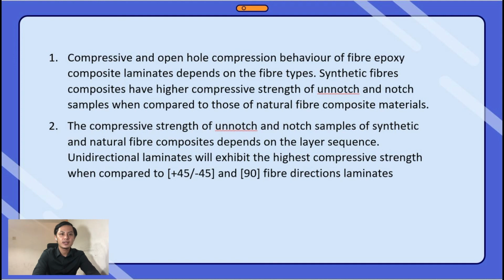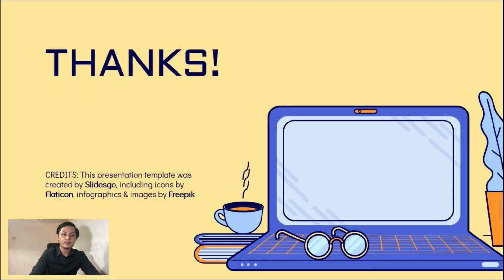The compressive strength of unnotched and notched samples of synthetic and natural fiber composite depends on the layer sequence. Unidirectional laminates will exhibit the highest compressive strength when compared to plus 45 degree, minus 45 degree, and 90 degree fiber direction laminates.